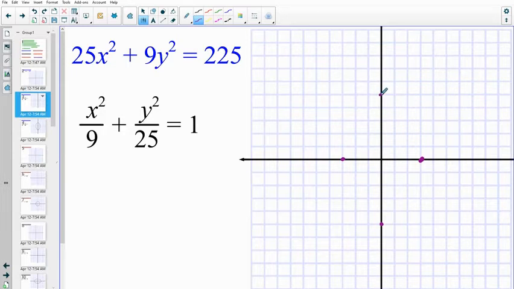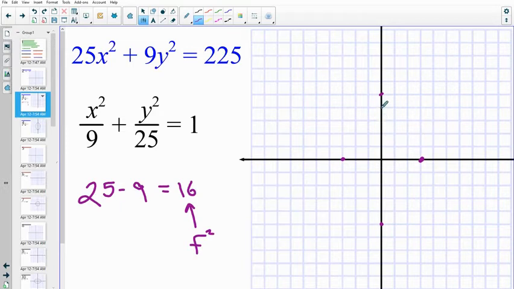As far as the foci, the focal distance is b squared minus a squared to get 16, and then that number is the focal distance squared.